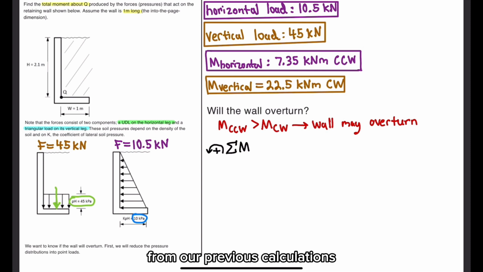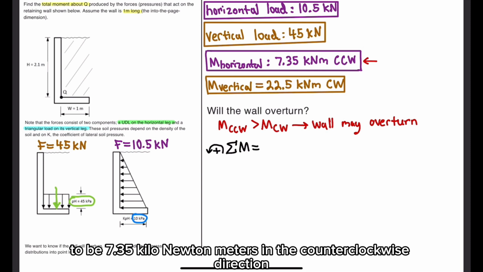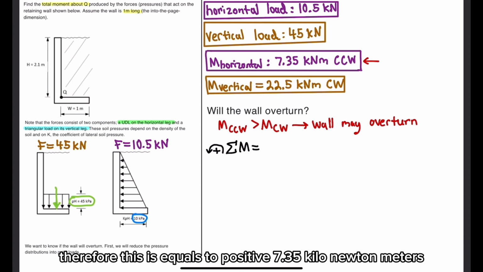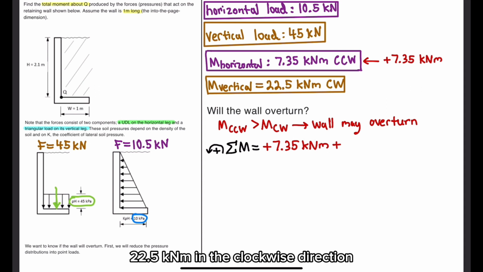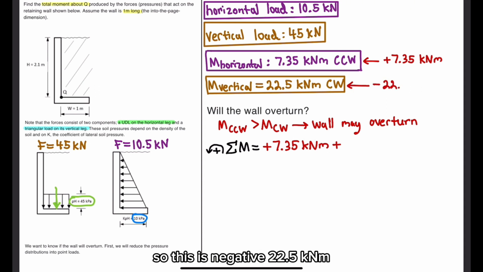From our previous calculations, we had the horizontal moment to be 7.35 kilonewton meters in the counterclockwise direction. Therefore, this is equal to positive 7.35 kilonewton meters. On the other hand, the vertical moment was 22.5 kilonewton meters in the clockwise direction. So this is negative 22.5 kilonewton meters.